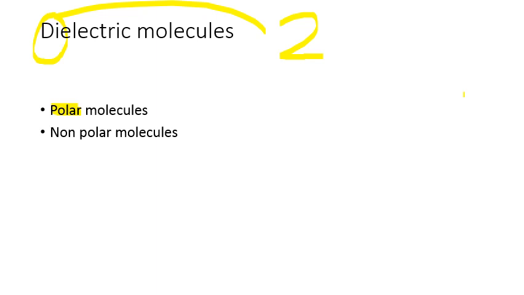If the material has its own dipole moment, then those materials are called polar molecules, like H2O. Water molecules have polar behavior and already have some dipole moment.